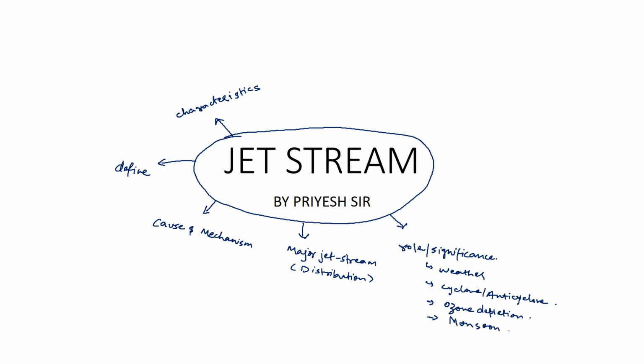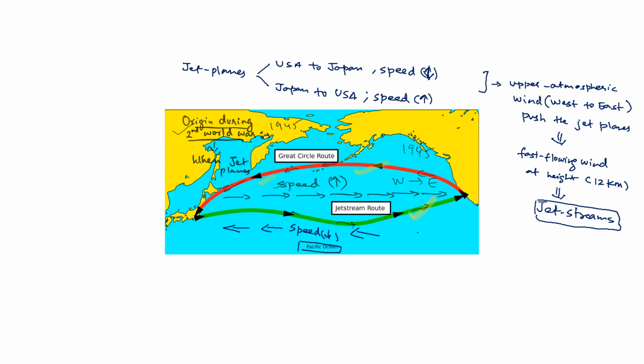Let's begin our session on jet streams then. Now, how has the word jet stream emerged? During World War II, the planes moving from America to Japan appeared to slow down. And when the planes moved back from Japan to the US, the speed appeared to increase.